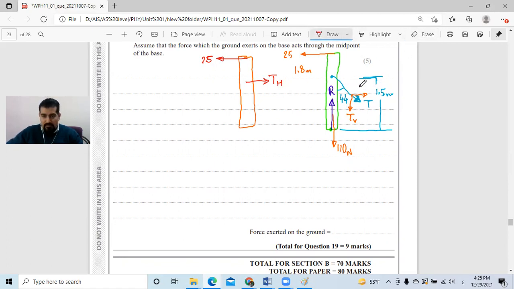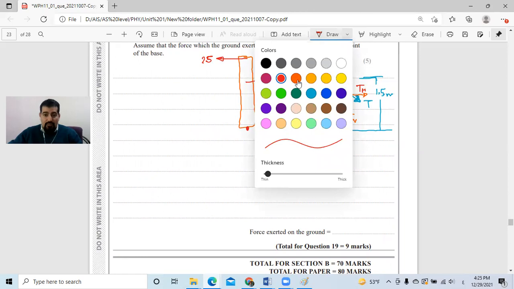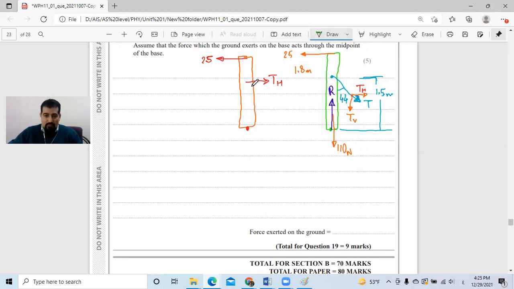Both of them make a moment about the pivot, the center of the base, and they have to be equal. One makes a moment clockwise and the other anti-clockwise.